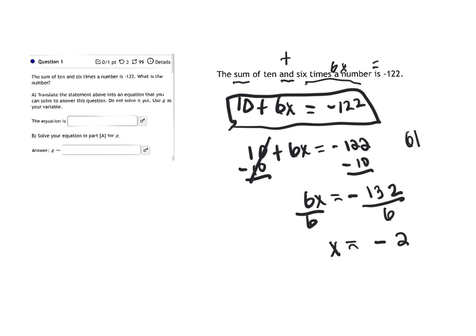If you're using a calculator, put 132 in first, then divide, then 6. If you're using your hand, go this way, and that will go 2 times. So that's negative 22. That is our answer.